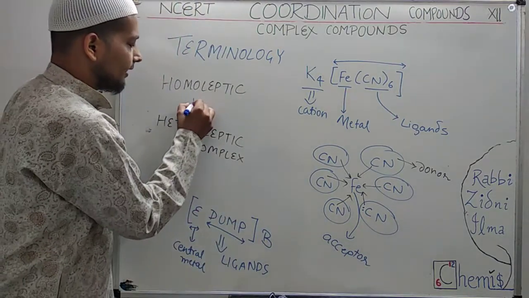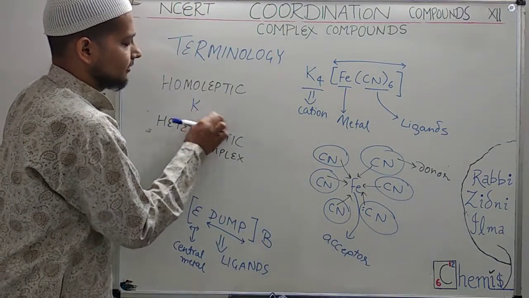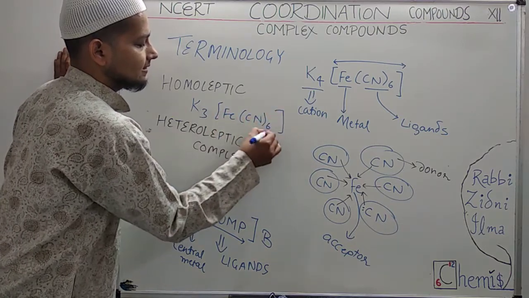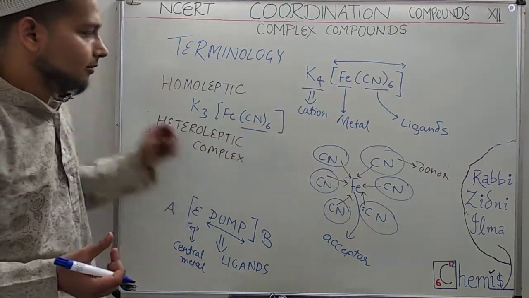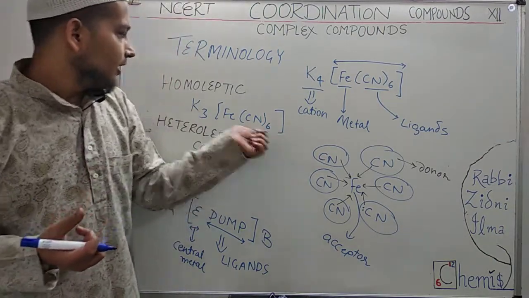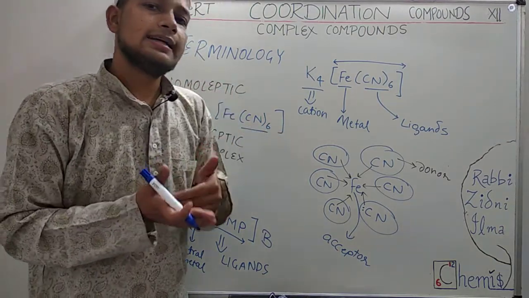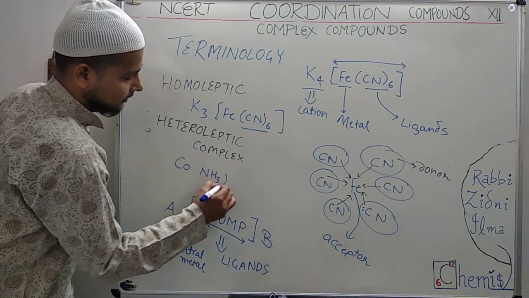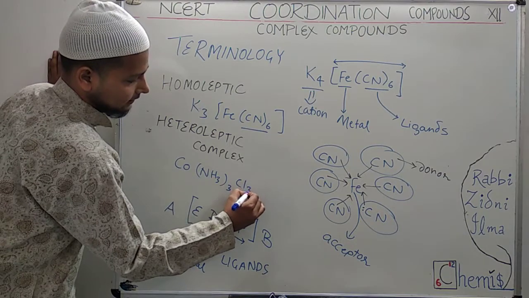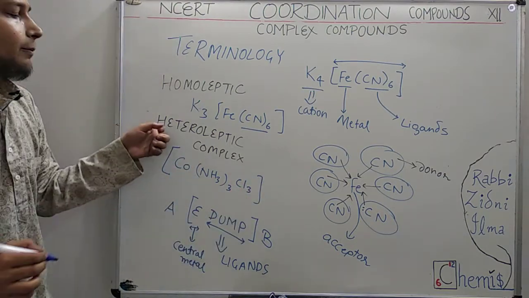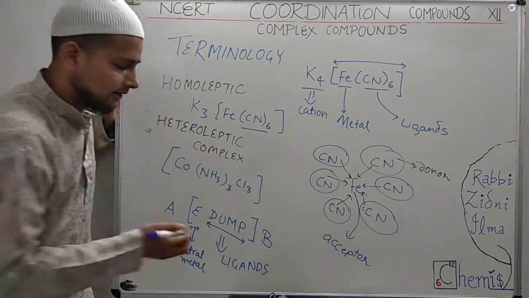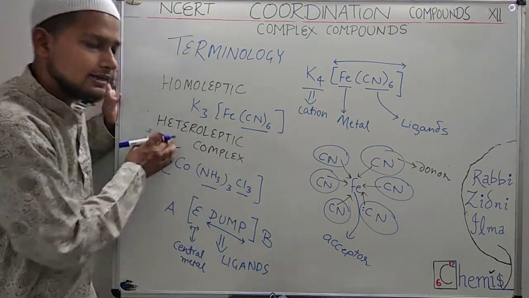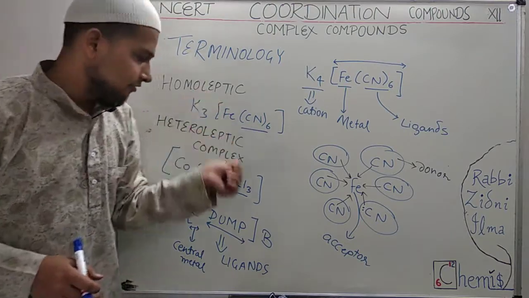If you look at K3[Fe(CN)6], you are looking at 6 cyanide, which is the only ligand. This is homoleptic because it has the same type of ligands. But here I have [Co(NH3)3Cl3]. This is a heteroleptic complex because the ligands are different: 3 chloride, 3 NH3. Therefore, it is heteroleptic. Same type of ligand, homo; different, hetero.